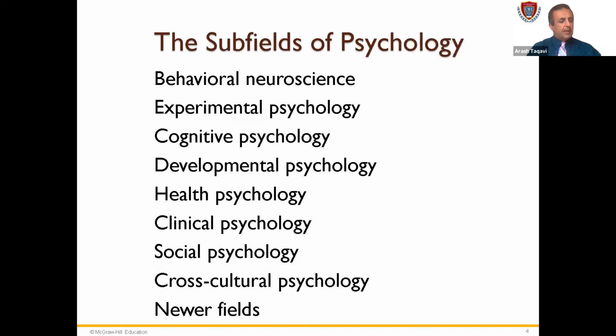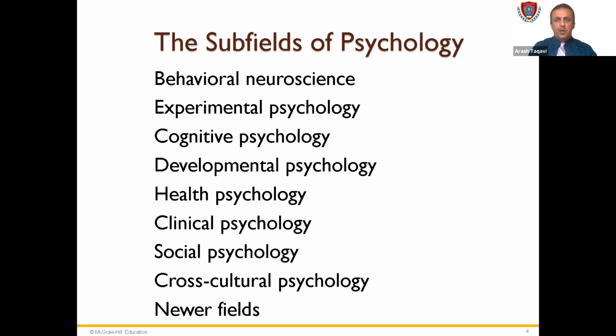What are the subfields of psychology? It's very beautiful to use psychology in different aspects of your life. When you say psychology is the scientific study of behaviors and mental processes, every concept in this definition has its own psychology.